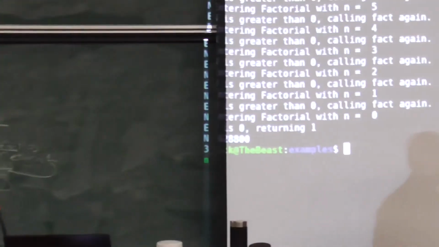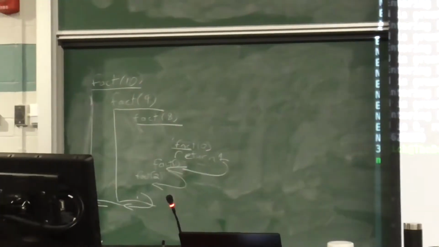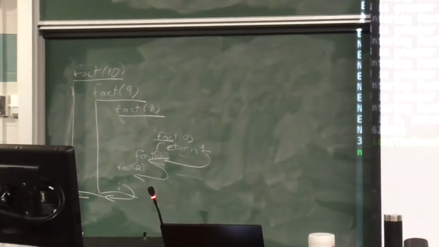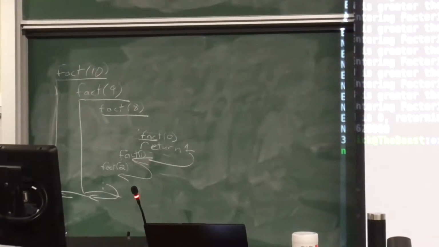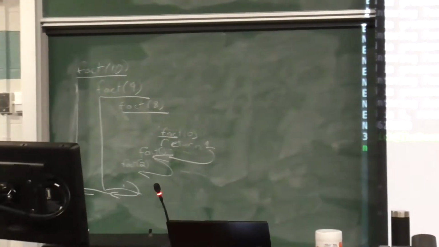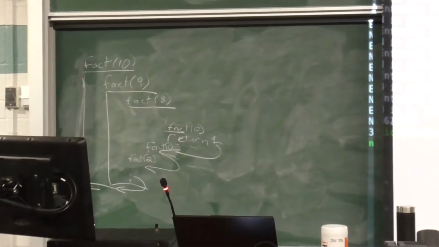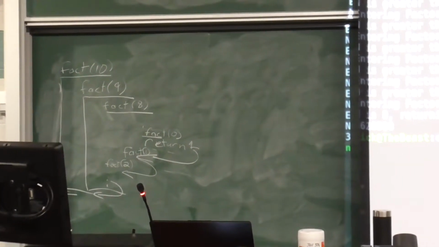Yes? We haven't defined the function completely inside. So how can we call the function from within itself? The question is, how can we call the function from within itself if it's not defined within itself? And the answer is that it is.